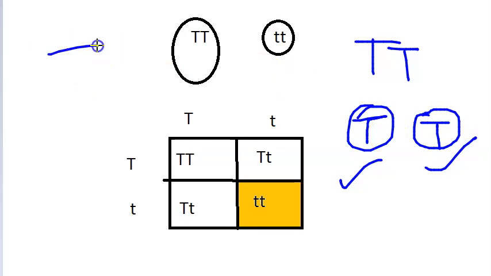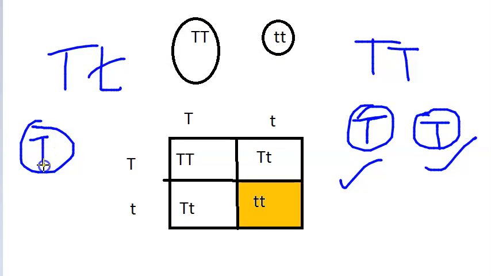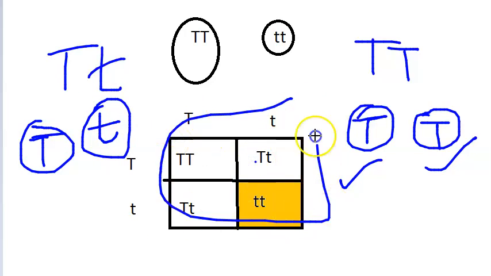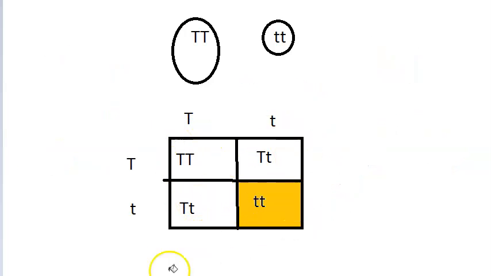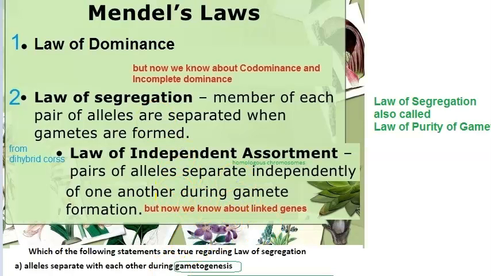If a person is capital T and small t, then he can give a gamete which is capital T, or a gamete which is small t. This is the law of segregation. What you're seeing here is a monohybrid cross showing dominance. This person is tall, and this person is tall. However, this person is not tall. The law of segregation talks about the gametes being formed.